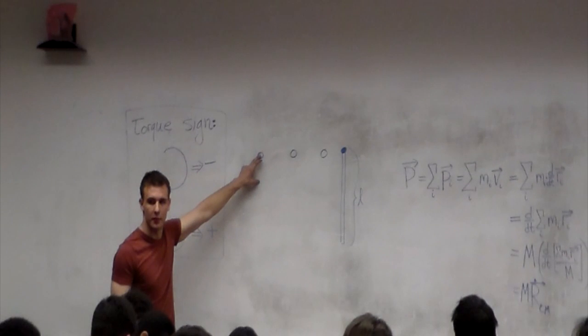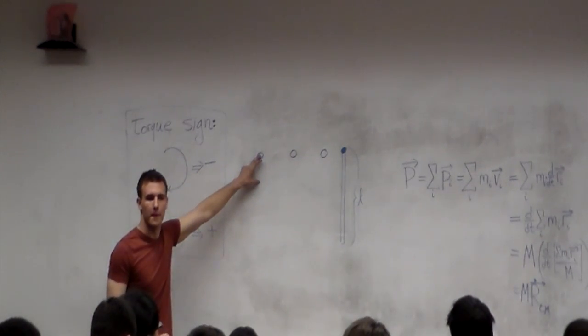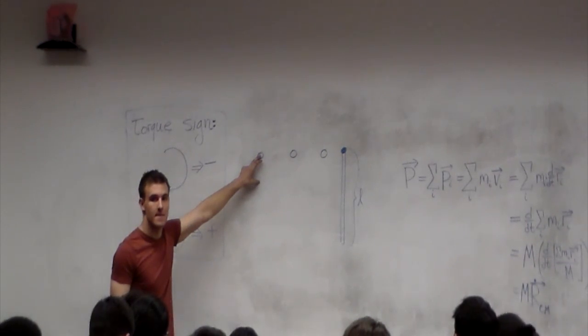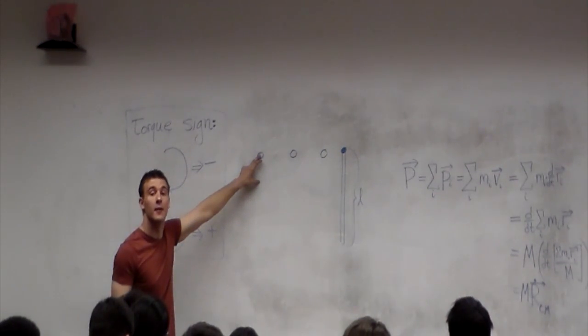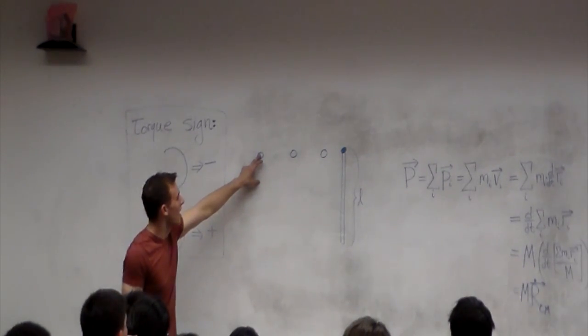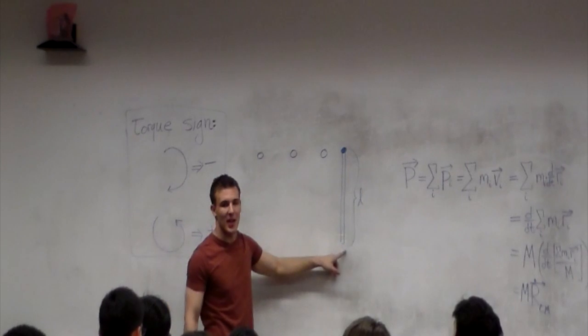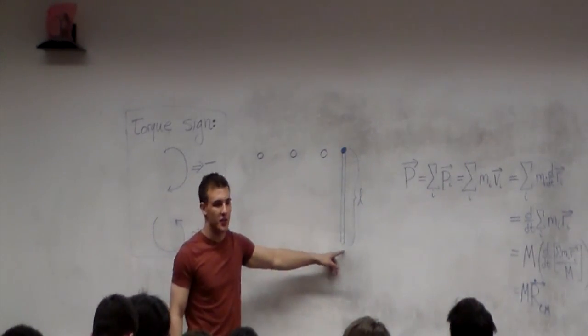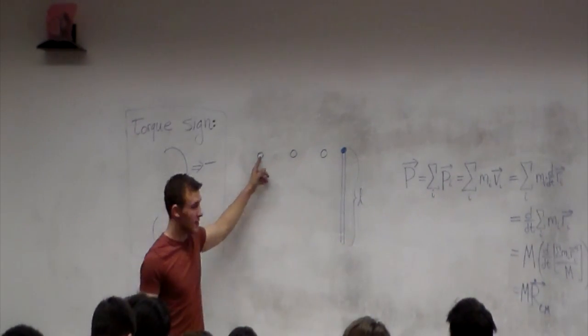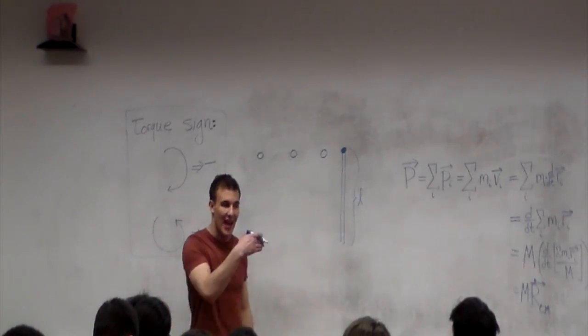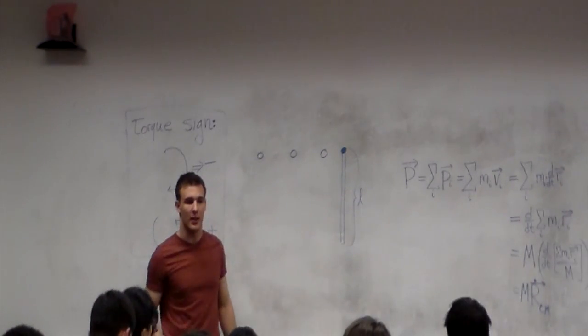How do I find it? I made these guys have the same mass for a particular reason. I just need to draw a line between the center of this and the center of this, and then halfway along that line is where the center of mass is.